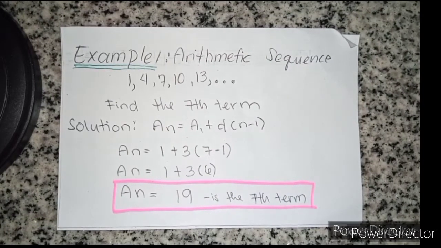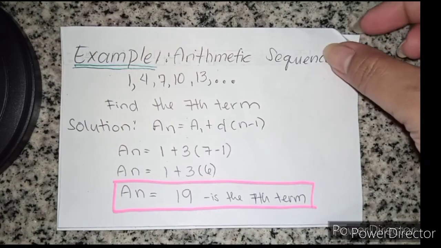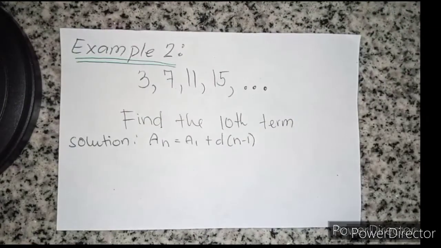Okay, so now let's have another example. Example number 2: we have a set of 3, 7, 11, and 15, so on and so forth. We need to find the 10th term of this sequence. First, by using our formula, let's substitute the values.